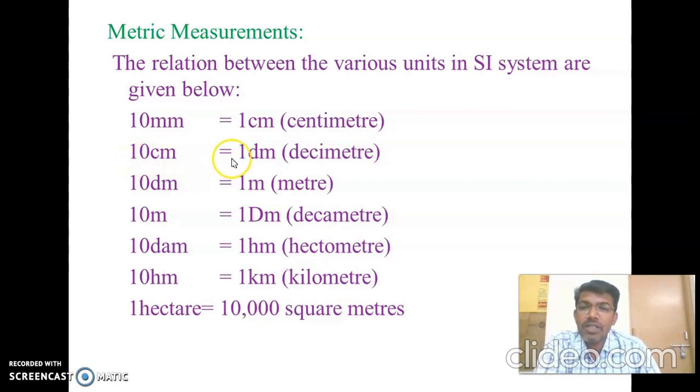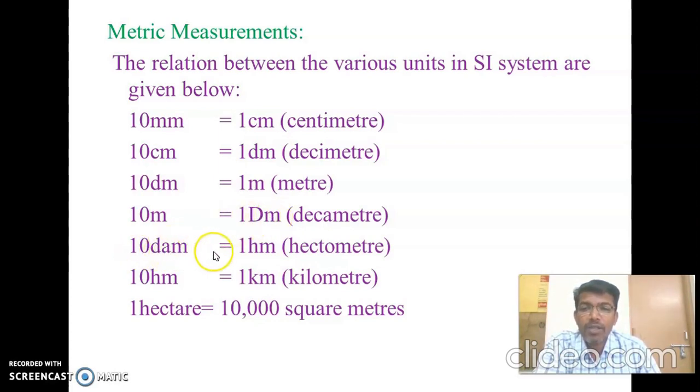10 centimeters is equal to 1 decimeter and 10 decimeters is equal to 1 meter. This is also known to you. And 10 meters is known as 1 decameter. So here you can see decimeter is represented by small dm and decameter is represented by DAM.